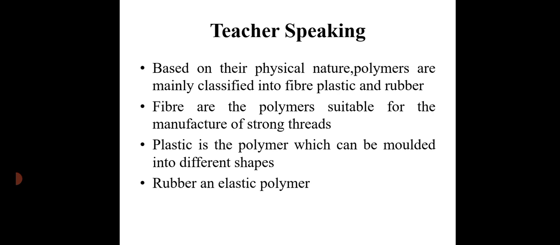Plastic is also a polymer which can be molded into different shapes. At the beginning of the class, we showed a picture of different objects. Those objects are made of plastics because they can be molded into different shapes. Then the last one is rubber. Rubber is an elastic polymer.